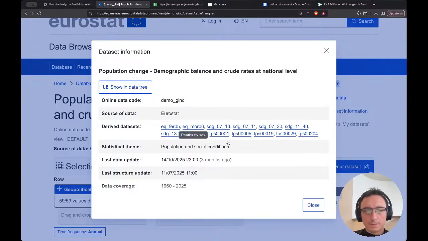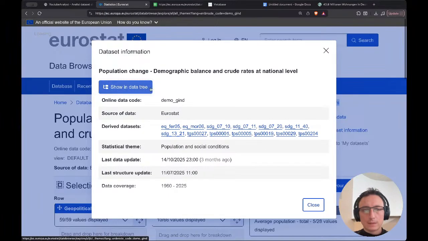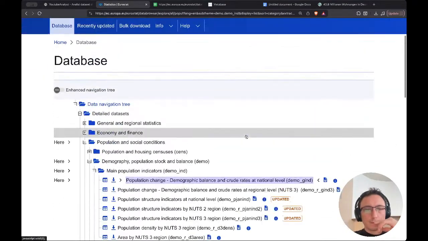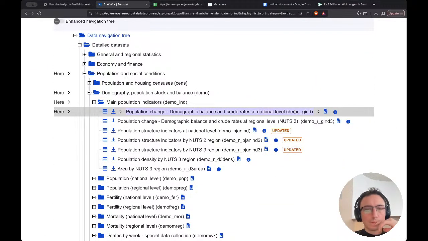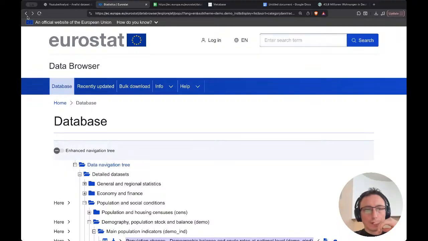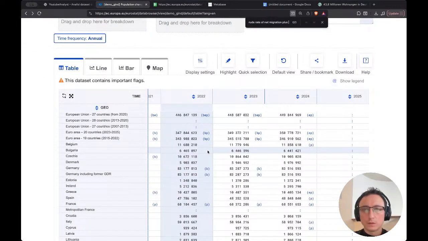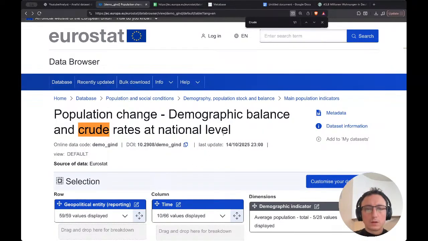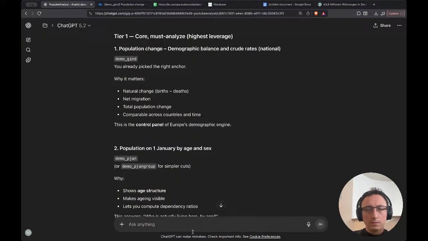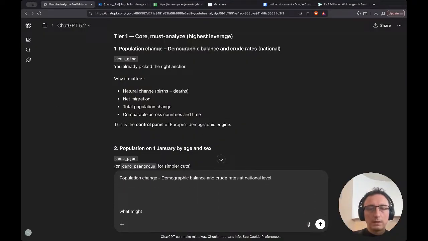Let's see if there is a better explanation of this particular column. Crude rates. What might crude rates mean?